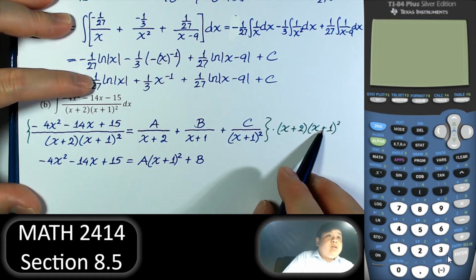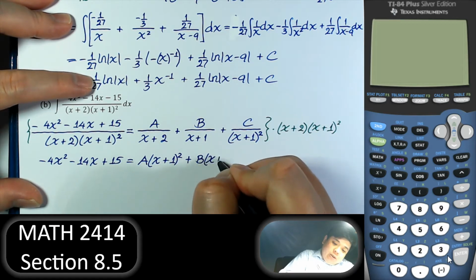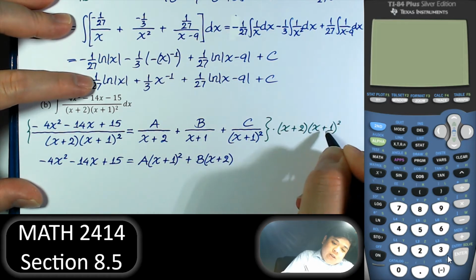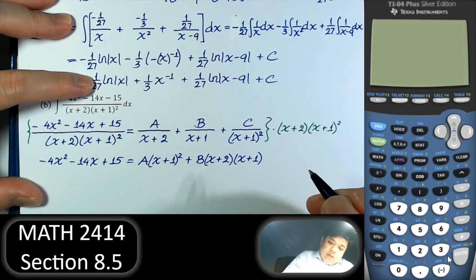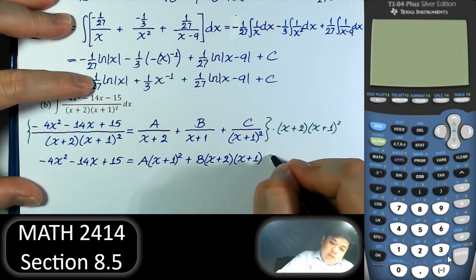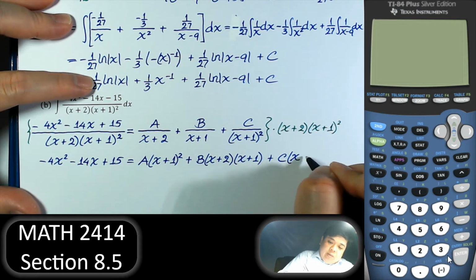One of the factors of x plus 1 cancels out. We have x plus 2 and x plus 1. And for C, x plus 1 cancels out. We have x plus 2.